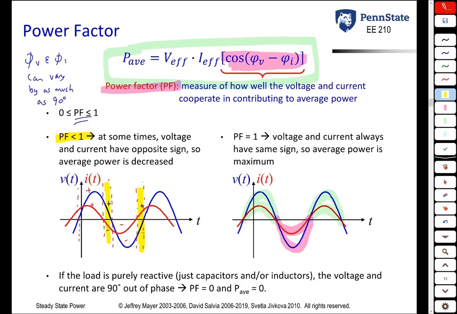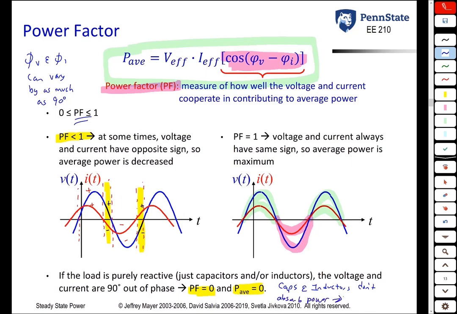In fact, the worst case scenario is if the load is purely reactive. In other words, if you have no resistance at all, the voltage and current are 90 degrees out of phase and the power factor is 0, which means that the average power being absorbed is 0. And this makes sense because when we studied capacitors and inductors, we saw that capacitors and inductors don't absorb power.